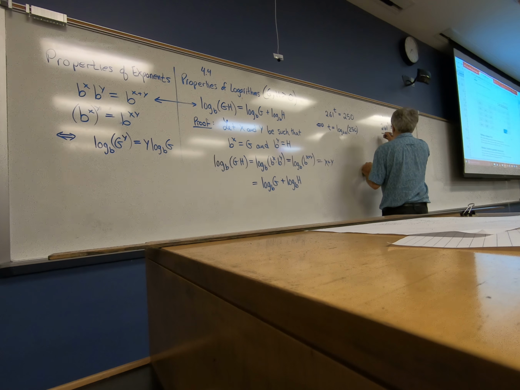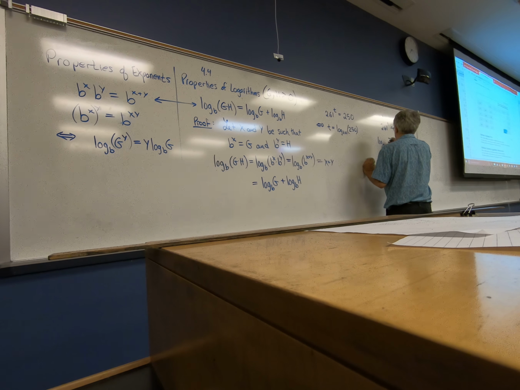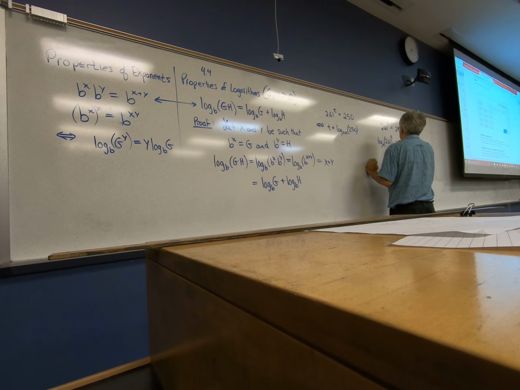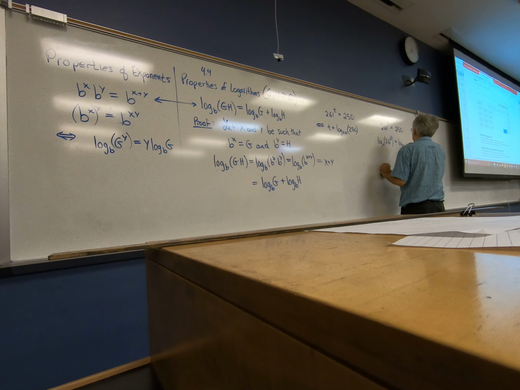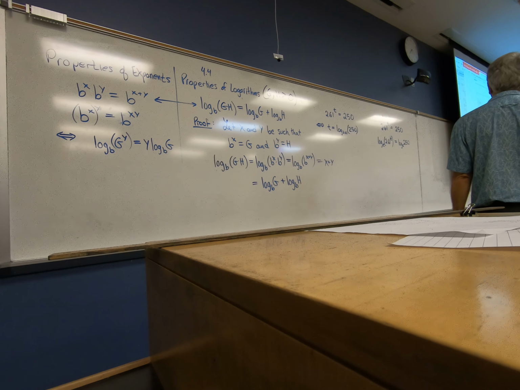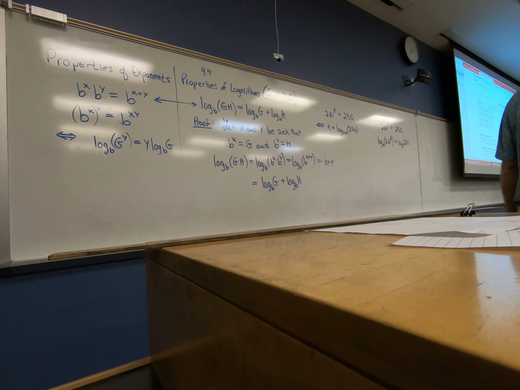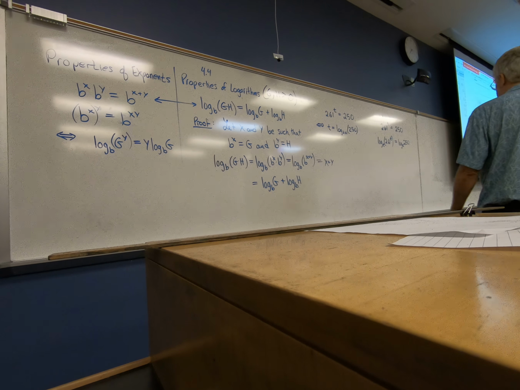So this is true if and only if the log to base, 10 or e? Let's use e. Log to base e of 2.61 to the t equals the log to base e of 250. Now notice I'm using log to base e instead of ln. They're the same thing. ln is log to base e. It's nice to be explicit about what the base is. So if you use log to base e like this, that's unambiguous, right? It's base e.